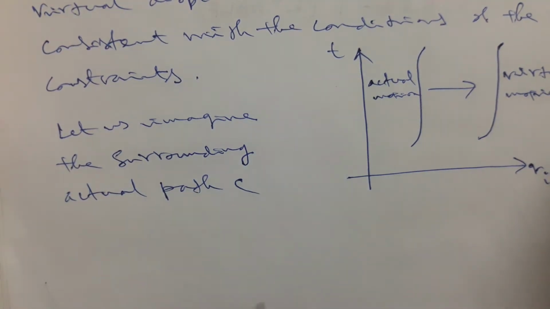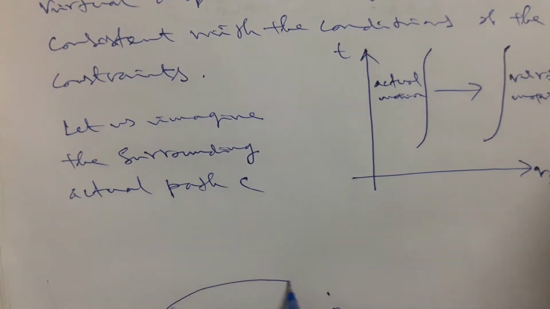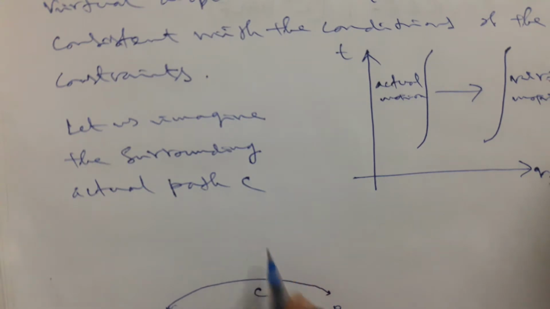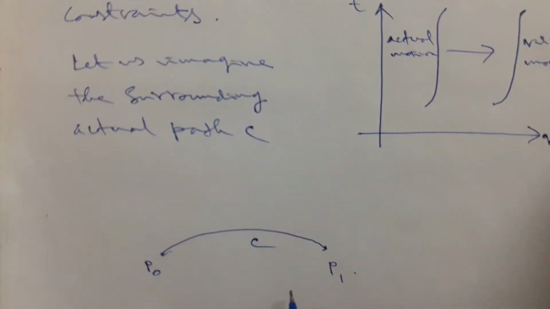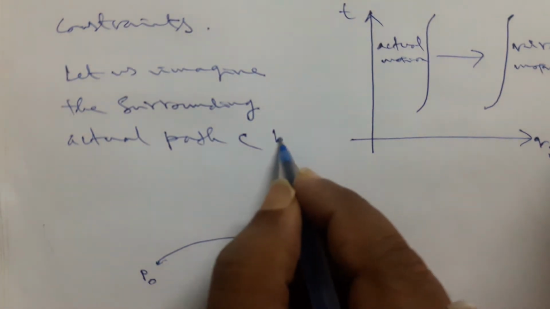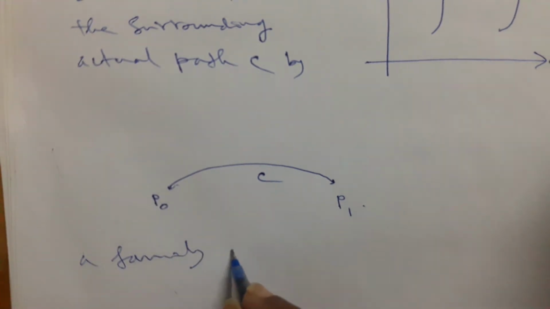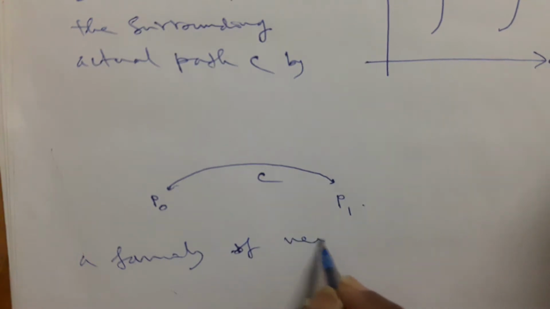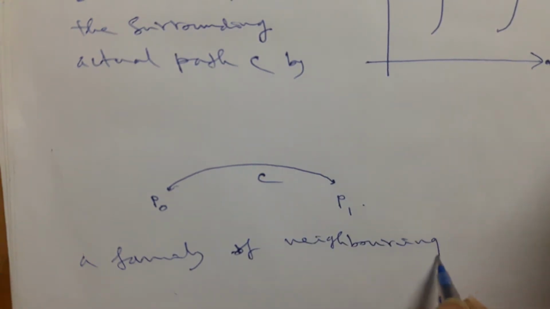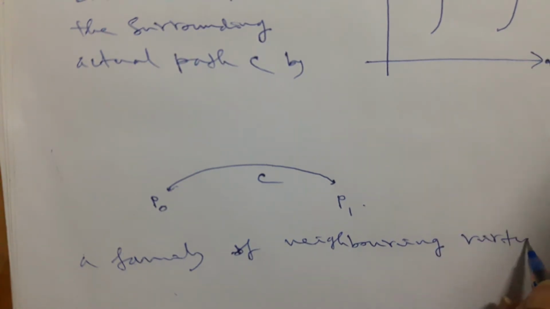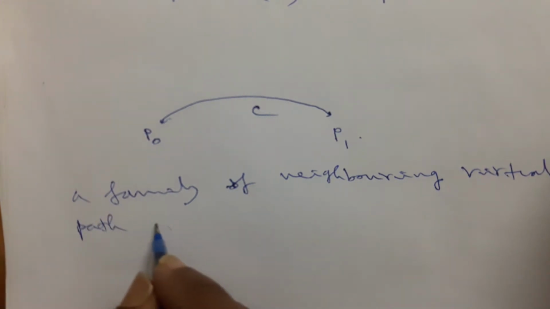C. If we consider here the points P0 to P1, and the actual path C, just like this actual path, surrounded by a family of neighboring virtual paths C dash.